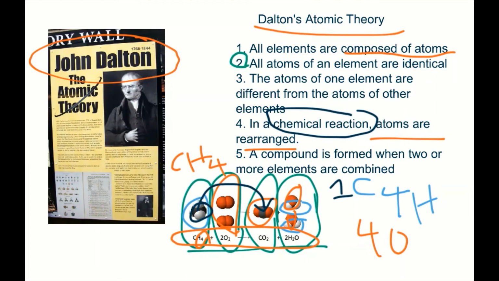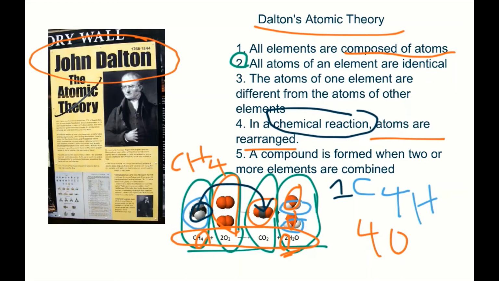And on the other hand, the number in front, aka the coefficient, tells us how many molecules there are in the reaction. So in a reaction, it looks like there are 2 molecules of water being produced.